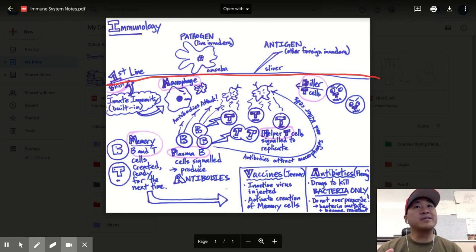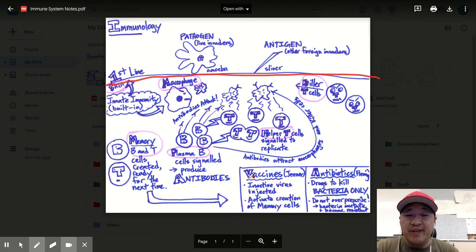And once the actual virus comes in, your body attacks it right away and knows exactly what to do. Then it gets rid of the virus or bacteria or whatever pathogen, sometimes before you even feel any symptoms. So that's the beauty of a vaccine.